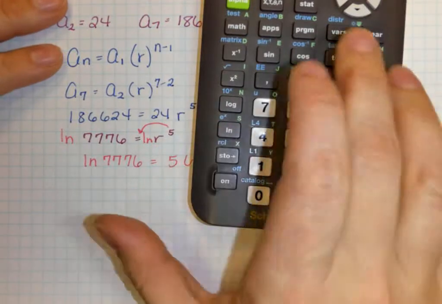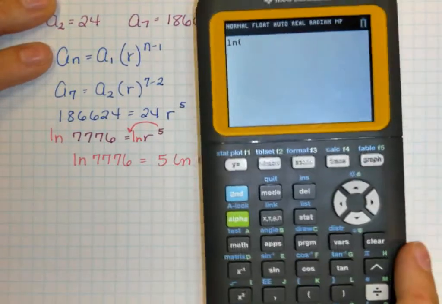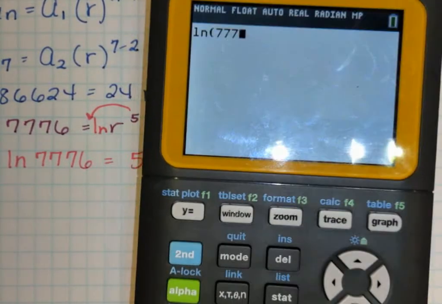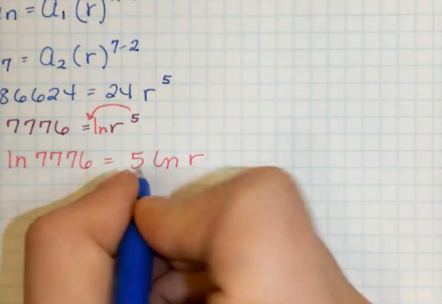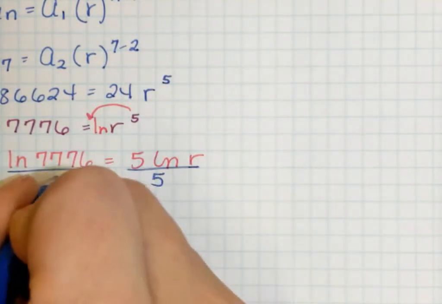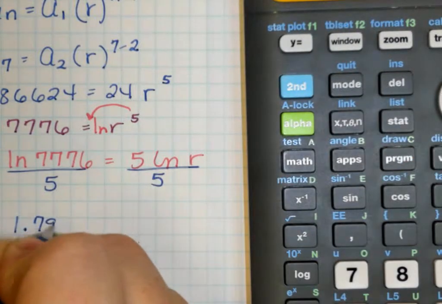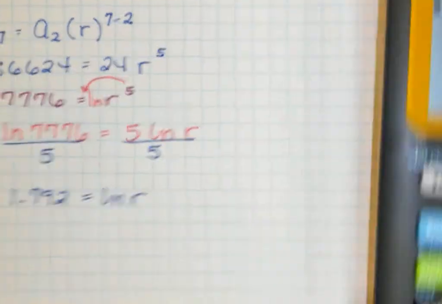So I'm just going to type this in my calculator. I'm going to do ln 7776, and I'm going to divide that by 5. So now I have 1.792 is ln r.